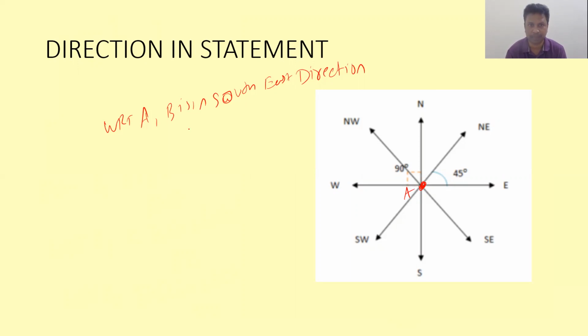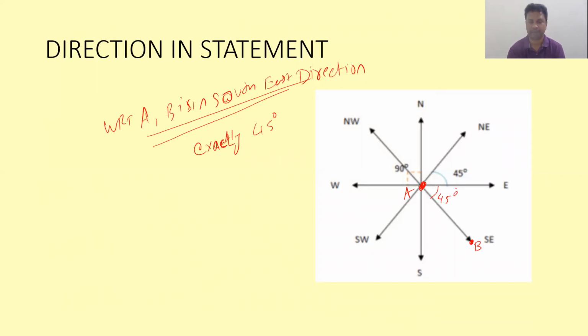With respect to A, B is in the southeast direction: if it is given in a statement format, then you want to plot exactly at a 45-degree angle. So this is the question of B. If it is given in statement format, you plot exactly at a 45-degree angle.